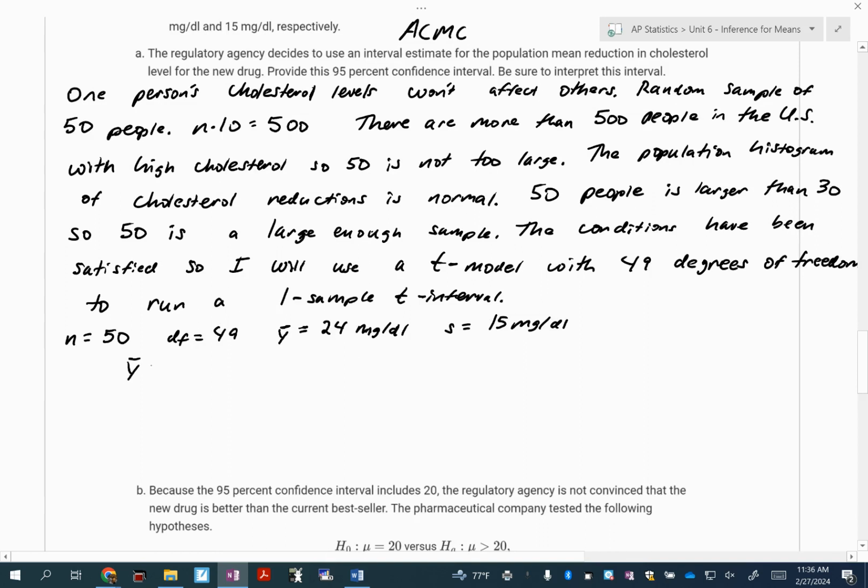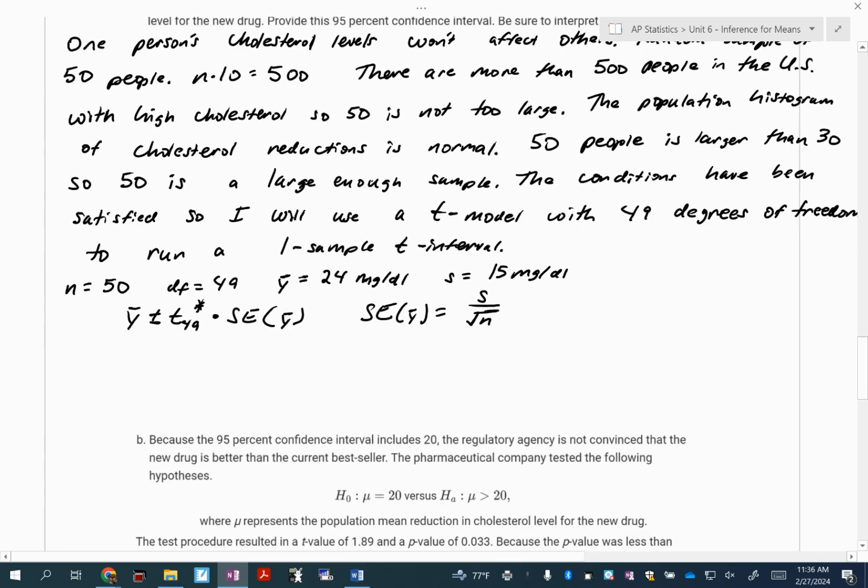Here's my formula, Y bar plus or minus T star with 49 degrees of freedom times the standard error of Y bar. And that standard error of Y bar formula is S over the square root of N. Okay, plug in what we know. We know this is 24. We don't know T star yet. I will find it in a moment. Times my standard deviation of 15 over the square root of 50.